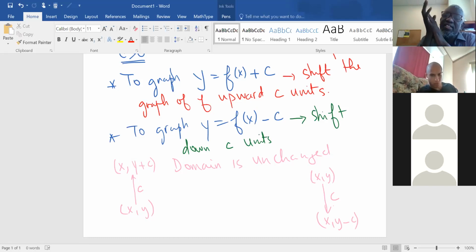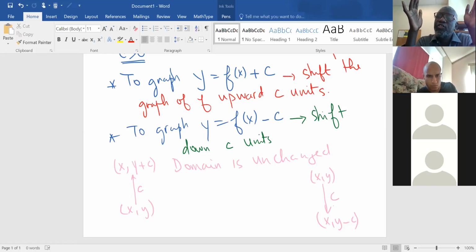What is the only instance of a range that doesn't change when you move it up or down? The range is a set, an interval, right? What is the only interval that does not change when you move it up or down?